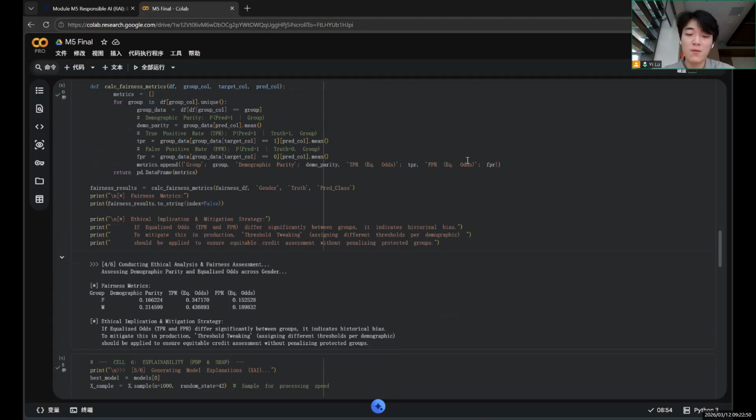Second, and more importantly, I measured the equalized odds, which look at both the true positive rate and the false positive rate across the groups. In a lending context, equalized odds asks, among the people who actually defaulted, did the model detect them at the same rate across demographics? And conversely, among those who repaid, were they falsely flagged at the same rate?